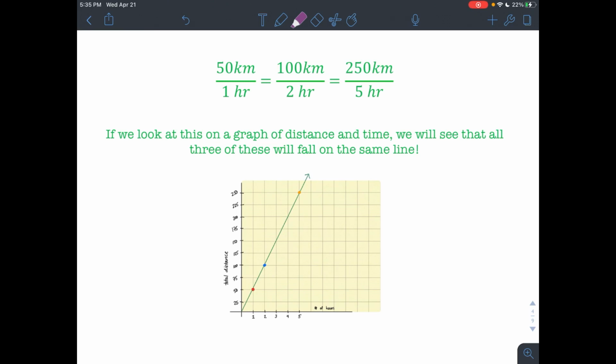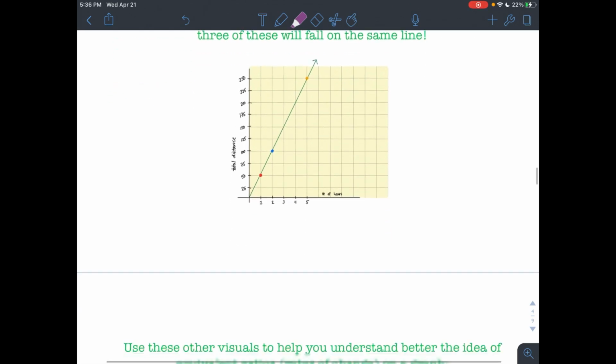If I even put this on a graph, graphing my distance and time, we will see that all 3 of these points actually fall on a line because they are linear. They are equivalent ratios. We also know the ratios to be called rates of change.